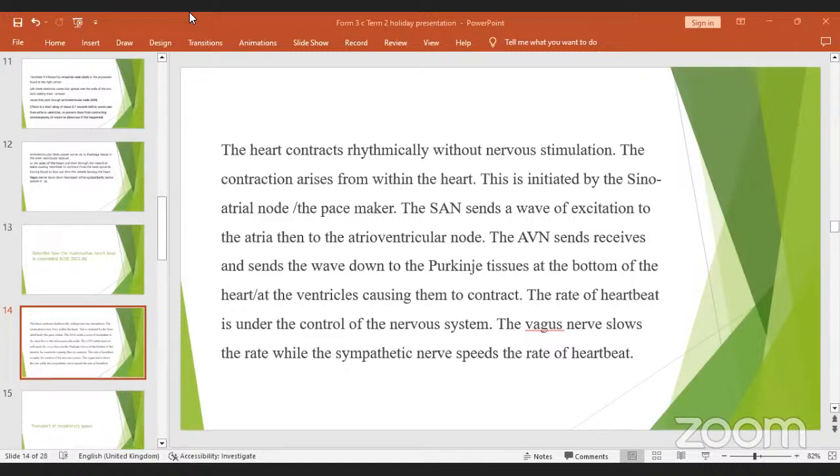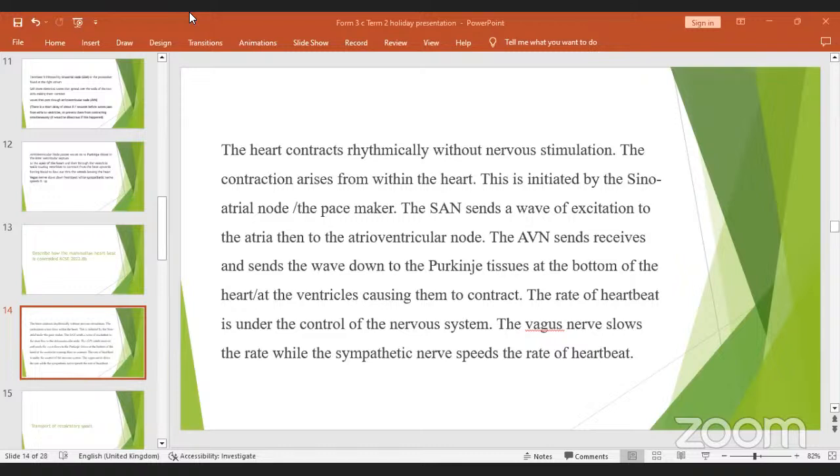Now, what initiates this? The sinoatrial node, or the pacemaker, initiates the contractions. Then it sends the wave of excitation to the atrioventricular node. The atrioventricular node sends the waves down to the Purkinje tissues at the bottom of the heart, causing the ventricles to contract.